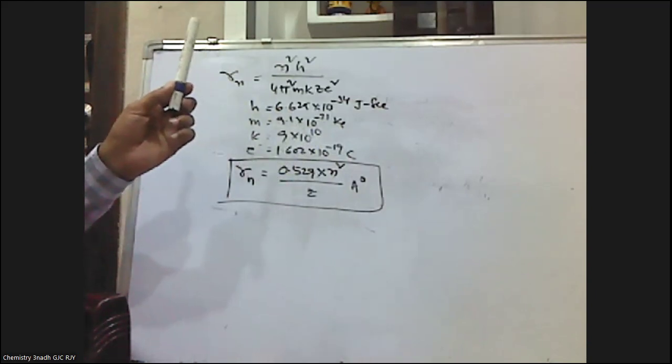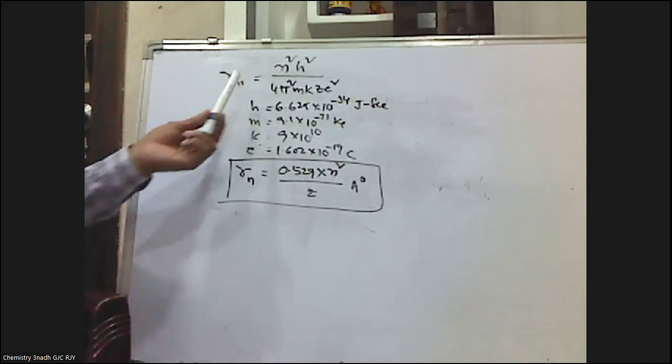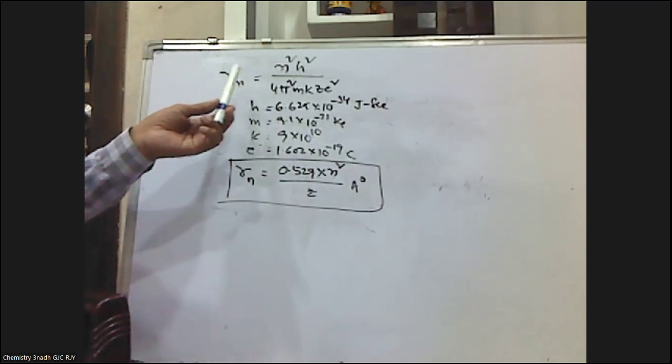This is the expression for the Bohr's radius, to calculate the Bohr orbit's radius.